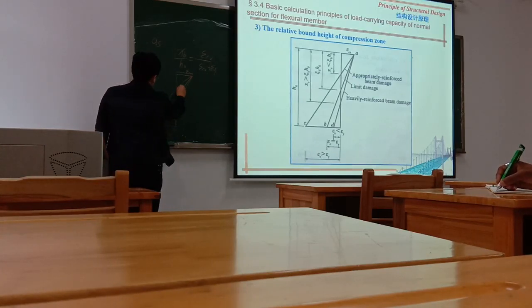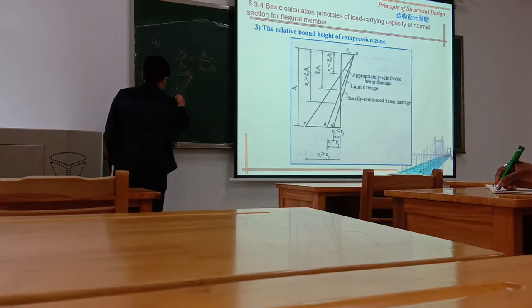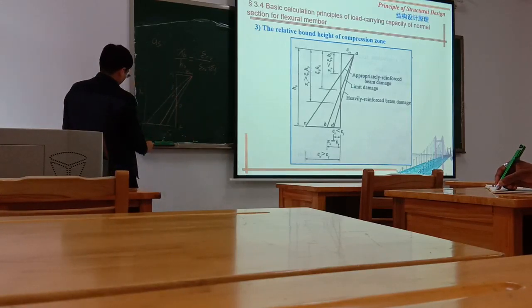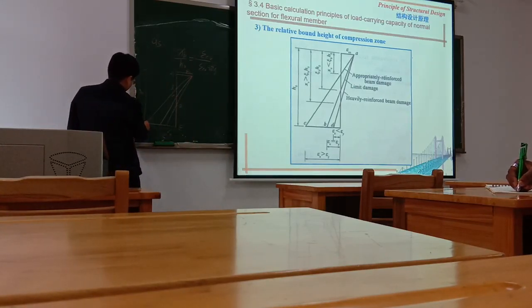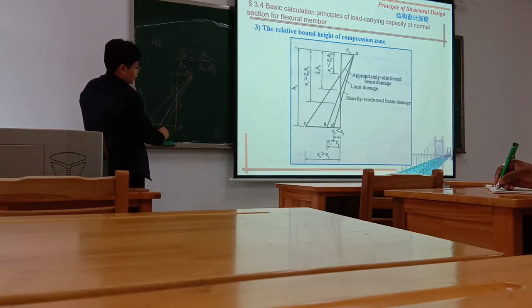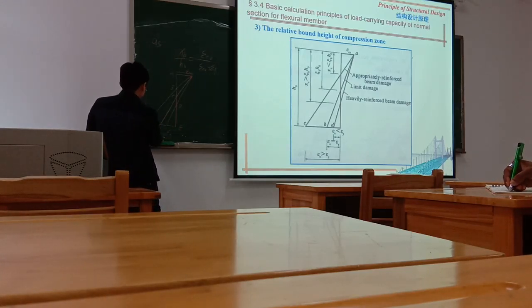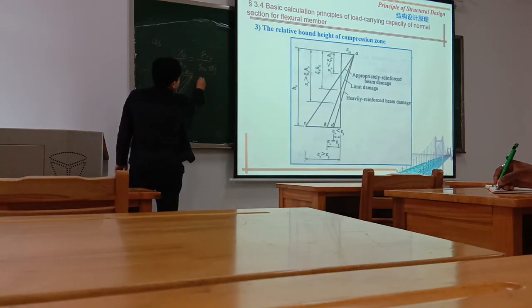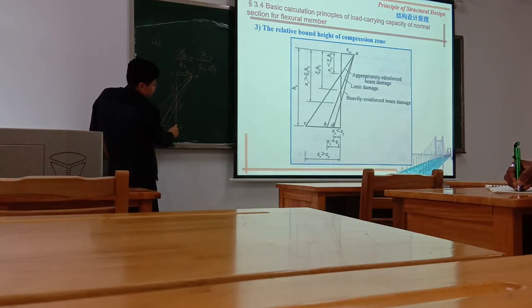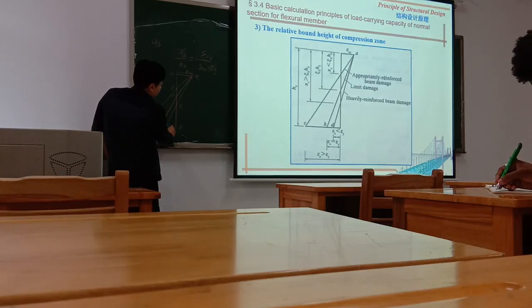H0, and this part we call A, B, C, D, E. We call this smaller a, b, c, e.